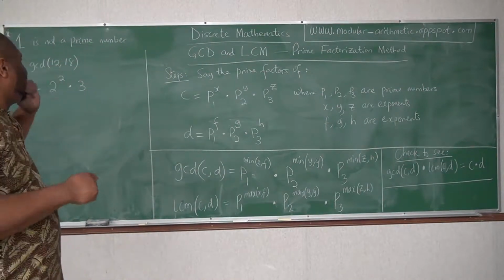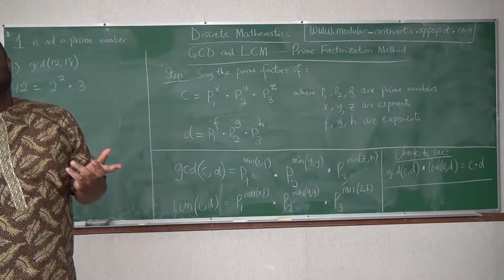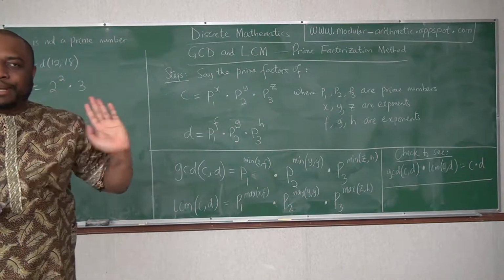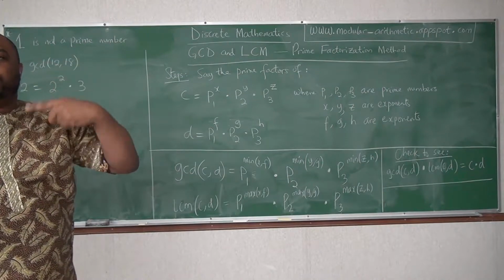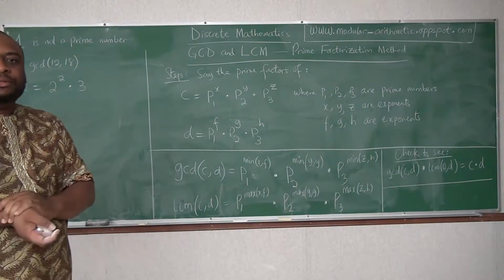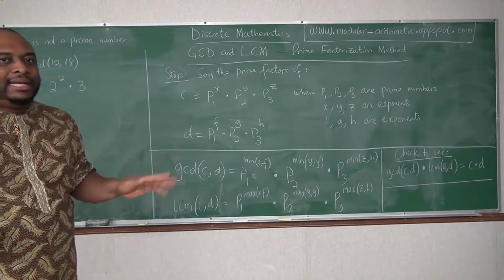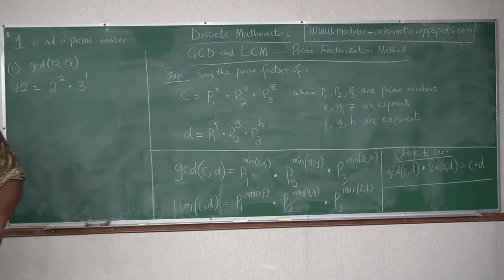12 is 2 times 2 times 3. So that is 2 squared, because we are dealing with only prime numbers now. We're looking at products of primes. Those are prime factors. So this 3 is 3 raised to power 1, the exponent.